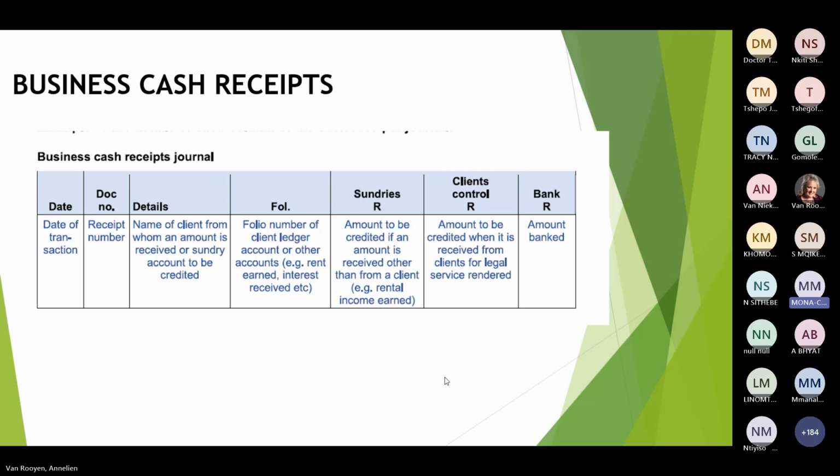I just want to understand the difference between the sundries account and the client control. Sundries is for anything that is not in your normal business. For instance, we are busy with attorneys' accounts. So your clients will be money that you receive from your debtors, your clients.